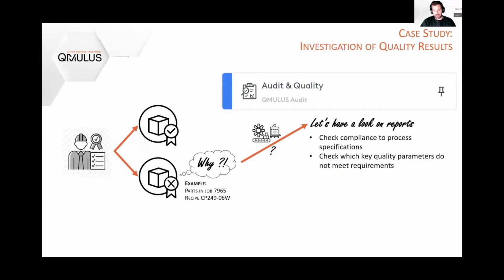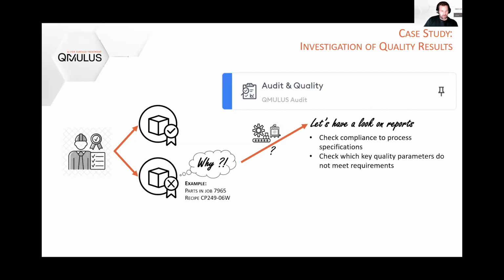So first, I would like to start with maybe we can just check what is not good. Just as a disclaimer, as a note for the audience here, we decided to put ourselves into the shoes of a process engineer who has the task to investigate why certain quality results are not meeting the expectations.